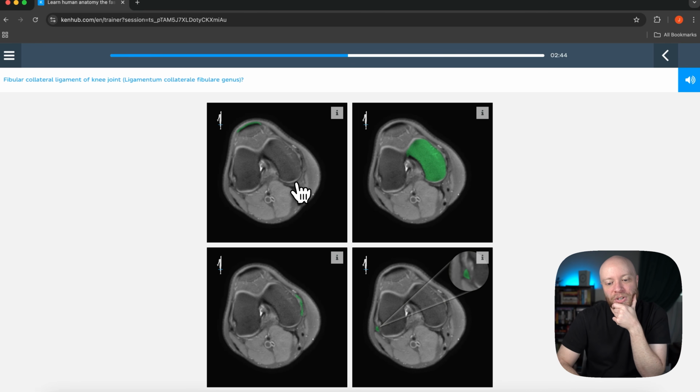As I'm looking at this, it's definitely not going to be that, because that would be anterior if this is the posterior side. This is one of the condyles. So then the question is, is it this one or this one?